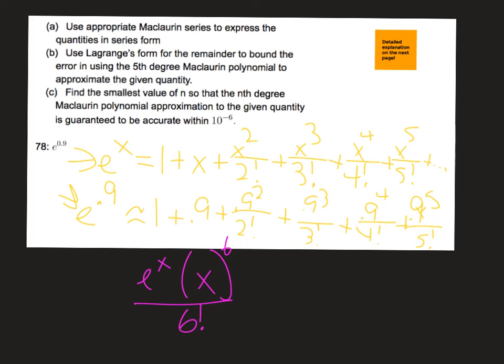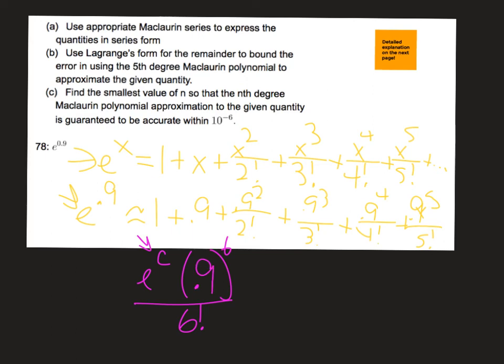And I regret putting this here. I should do e to the c, because I don't know what c value I'm going to pick. I'm going to pick a kind of maximum value for that. And then x to the 6th, so that x is actually going to be, in this specific case, your 0.9. So it's going to look a little bit like that.